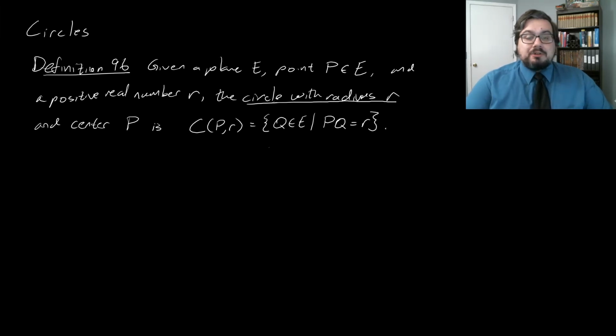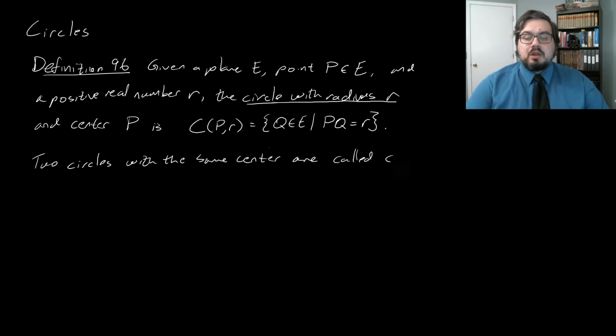We've got some other notation and terminology to use here. Two circles with the same center and therefore necessarily different radii are called concentric, meaning same center.